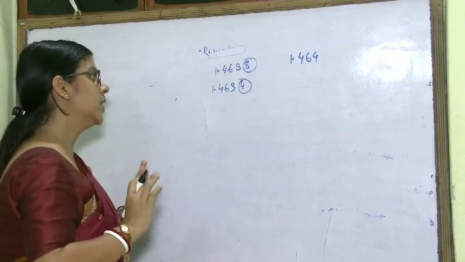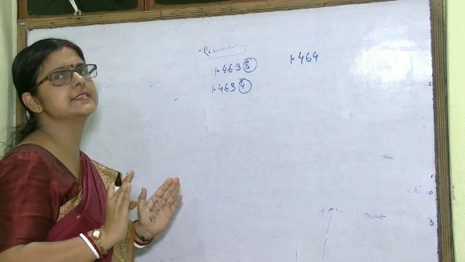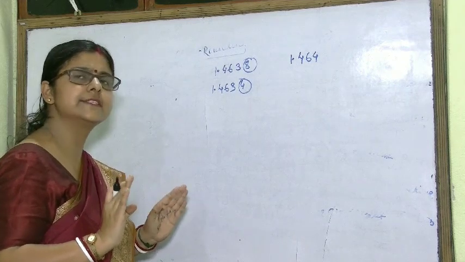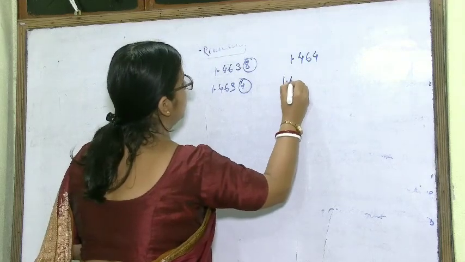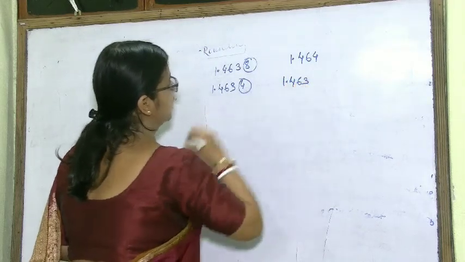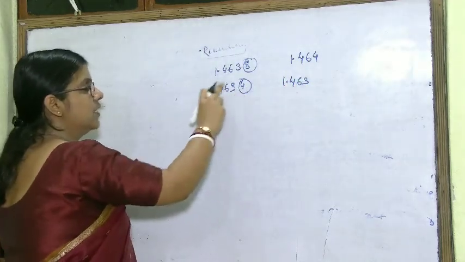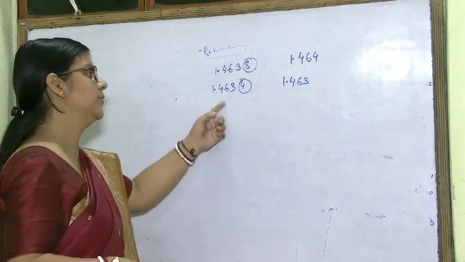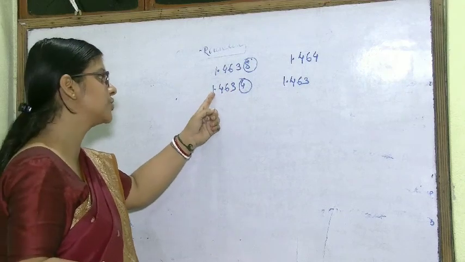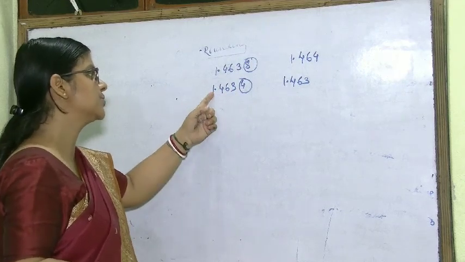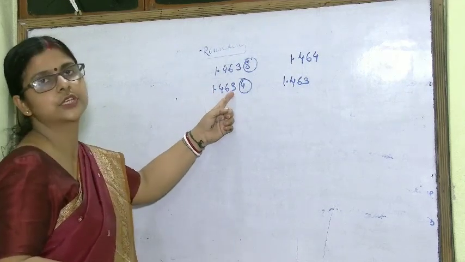So you will leave it as it is. How will you round off? It will be 1.463. You will drop the digit and simply copy till here, because you are asked to round off to 4 significant figures.